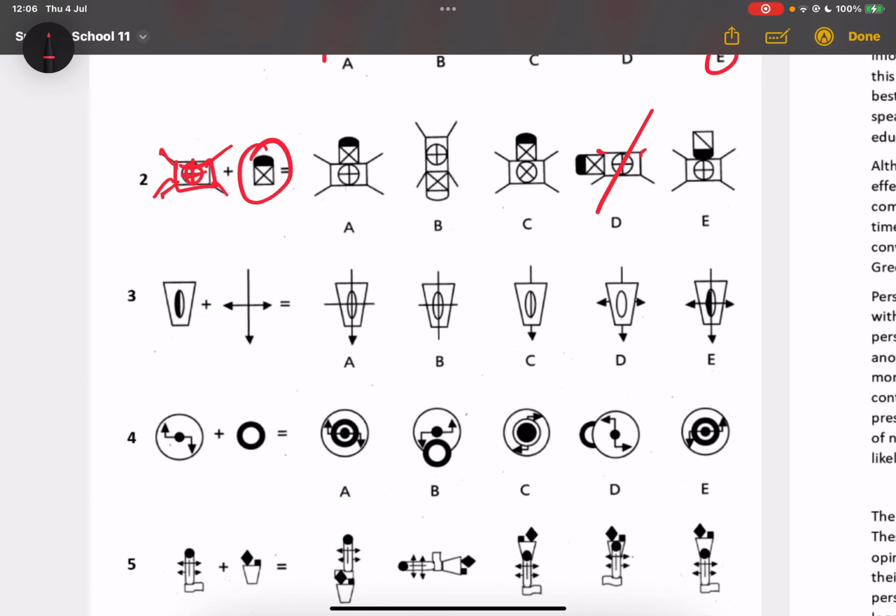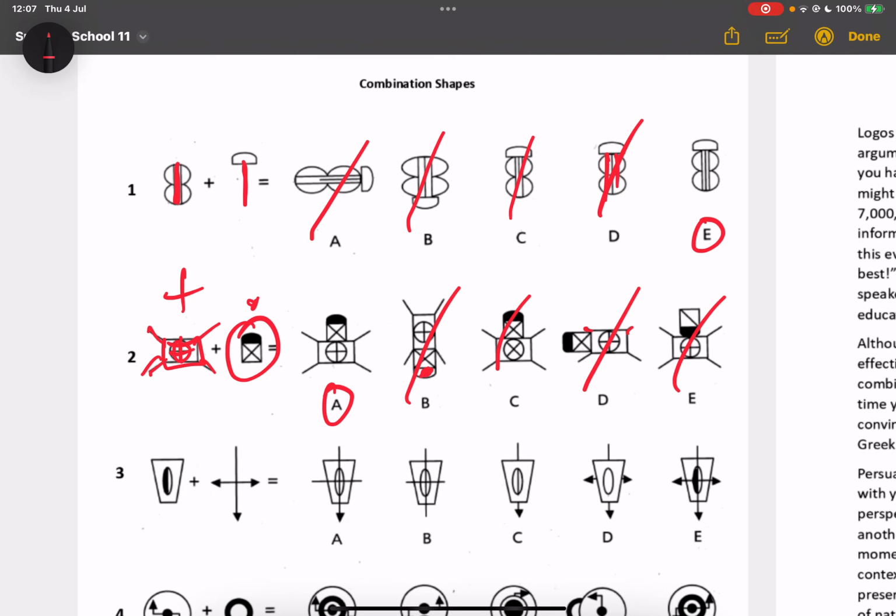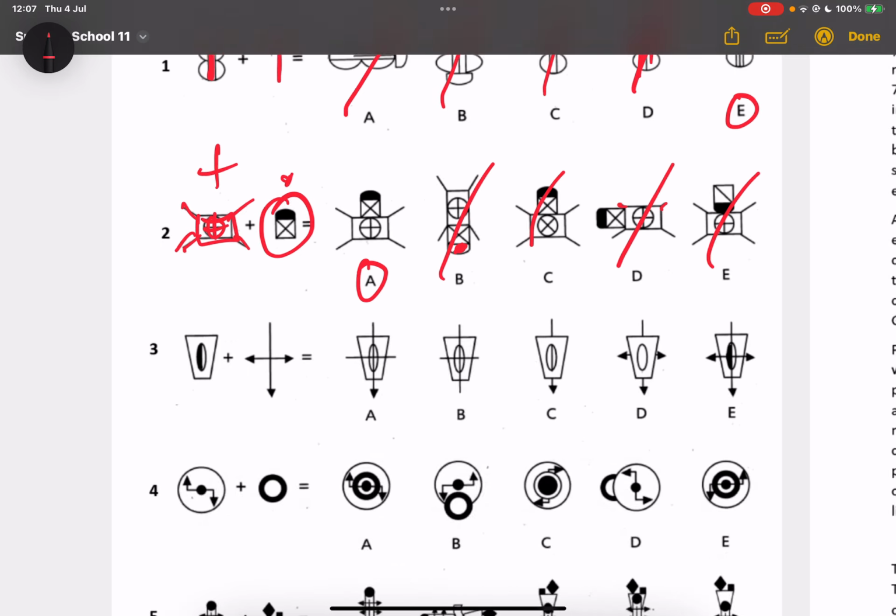So we're going to remember that the cross needs to be like a plus sign, so it can't be C. And then we're looking for our shape here. So it's not going to be B because this area isn't black. And it's not going to be E. So 2 is going to be A. So that leaves us with 1 is E, 2 is A.